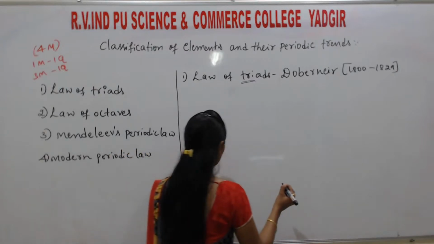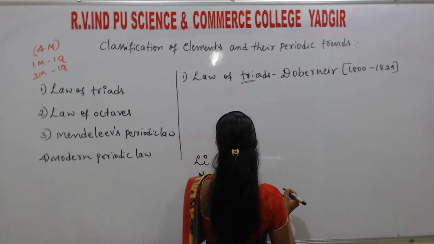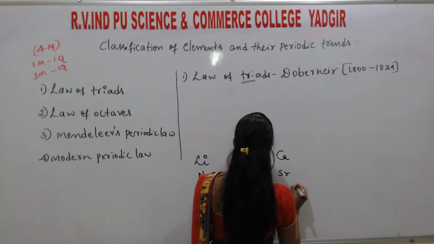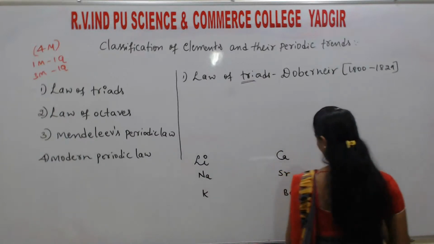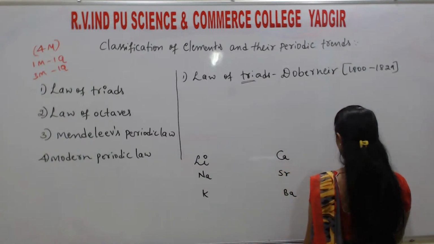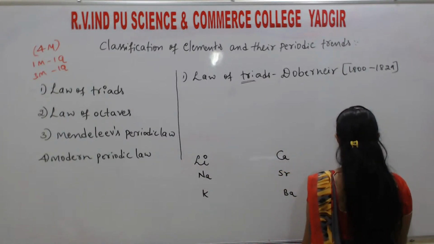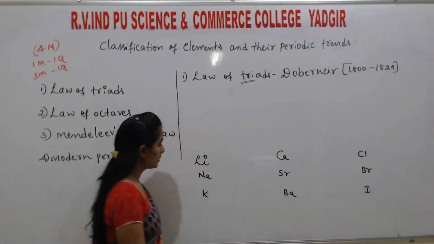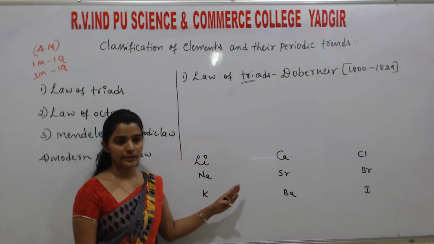Next, calcium, strontium, barium. And next, chlorine, bromine, iodine. These are the 3 sets he explained.